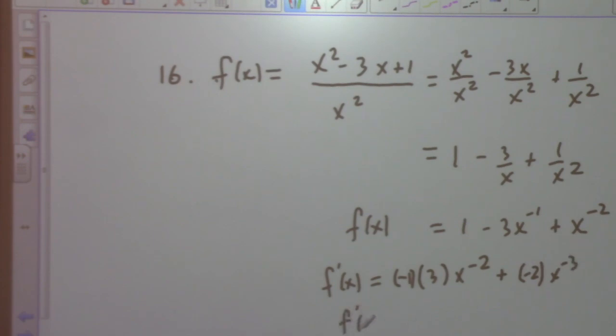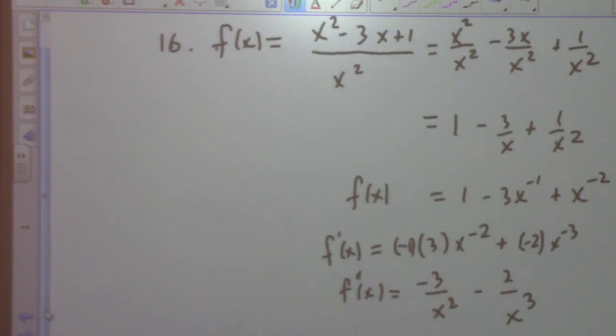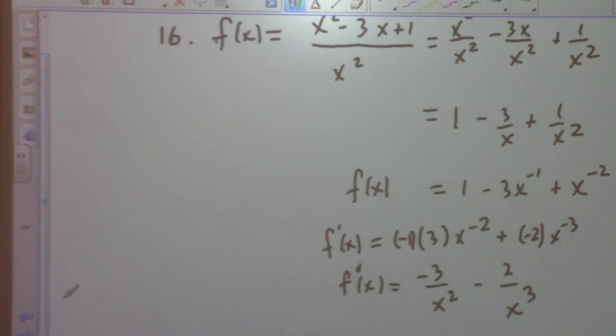So f prime of x is equal to -3 over x squared minus 2 over x cubed. Is that what you got for that one? Should be right. Okay.